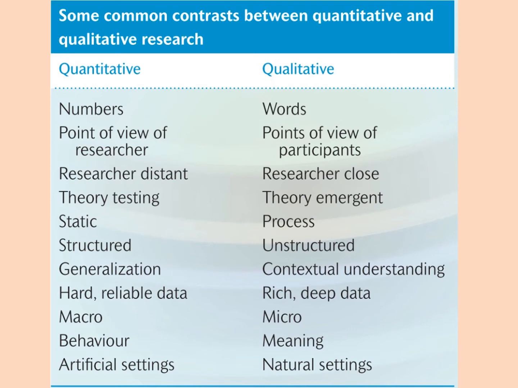Quantitative researchers try to look at macro phenomena in social life, whereas qualitative researchers tend to focus on the micro, that is, on very specific and limited social settings.